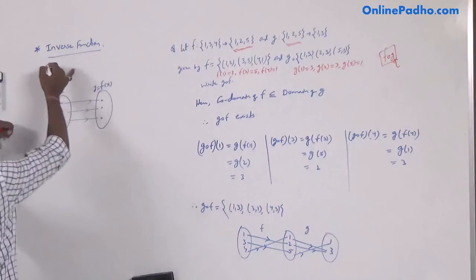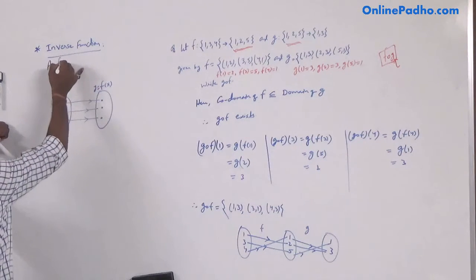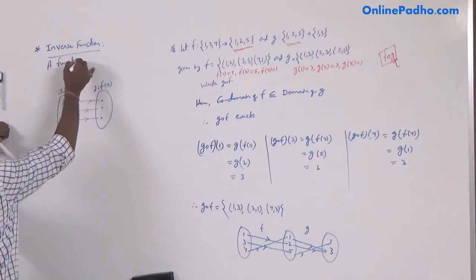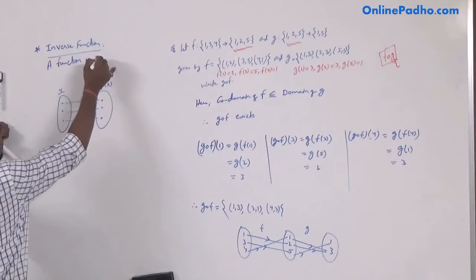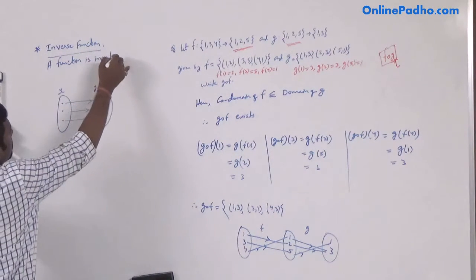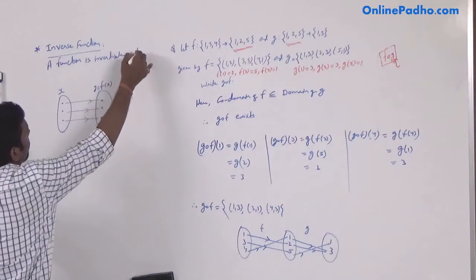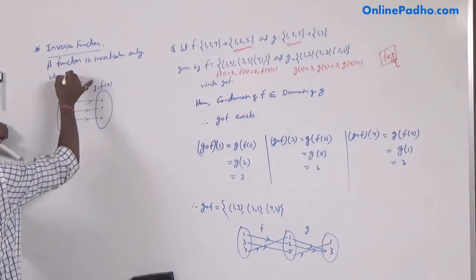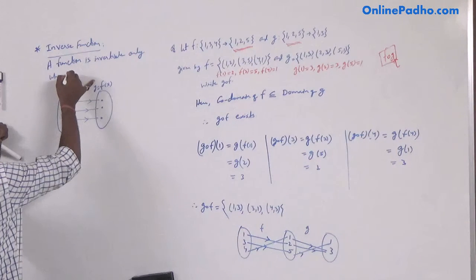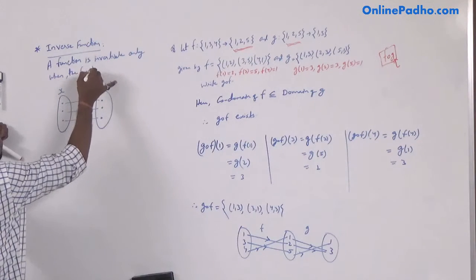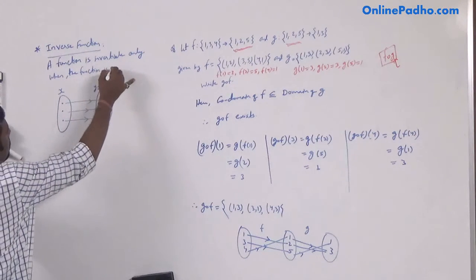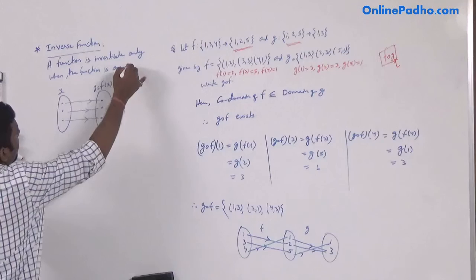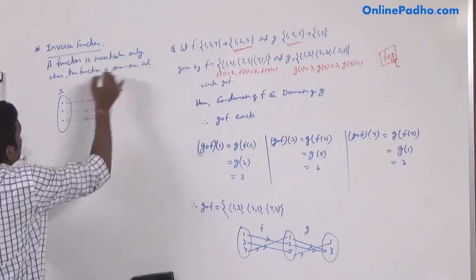According to mapping, we can say that a function is invertible only when the function is one-one and onto.